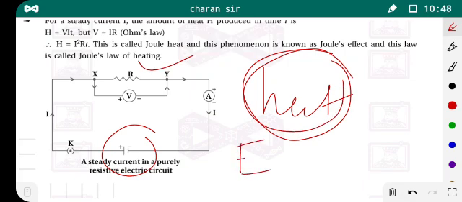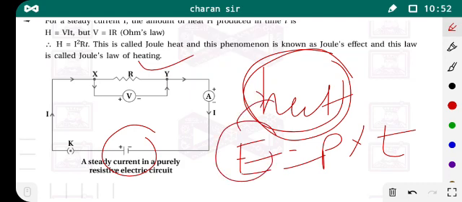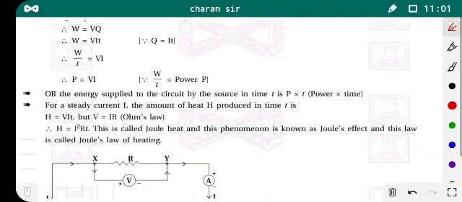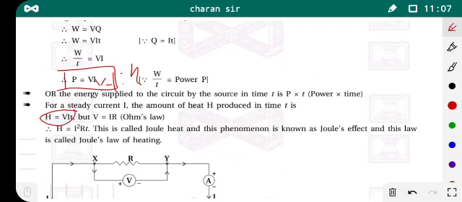We know that energy is given by power into time, and the equation for power is P is equal to VI. So VI into T gives the heat expended by the battery, or whatever source you use, in a purely resistive circuit.